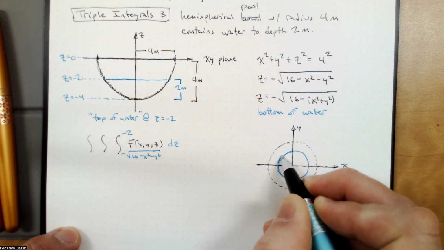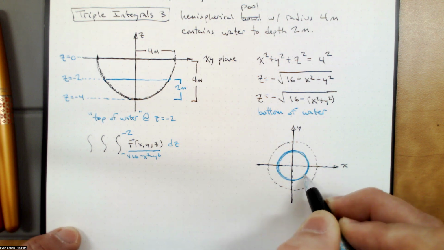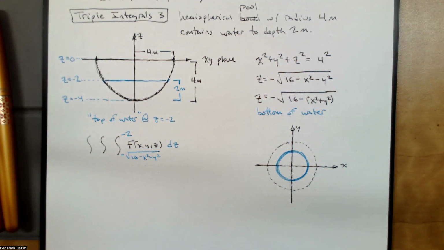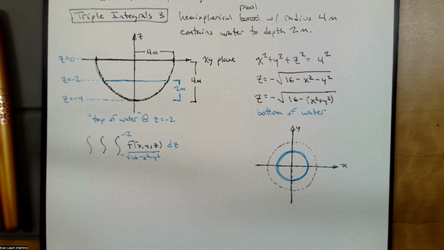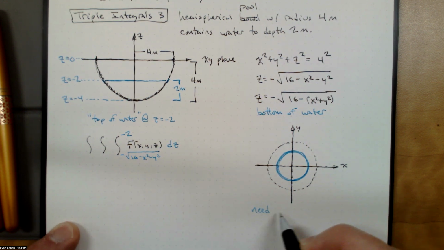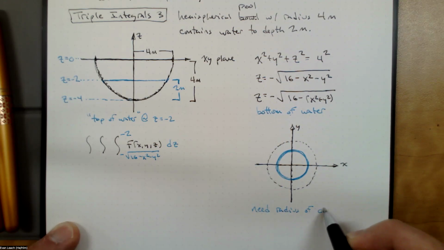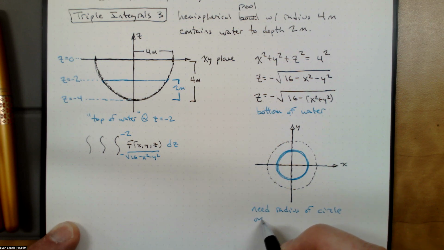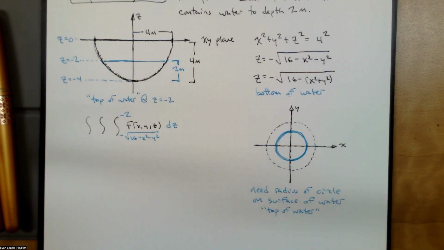Here are the x and y values that we're interested in. We need to know the radius of the circle representing the surface of the water.